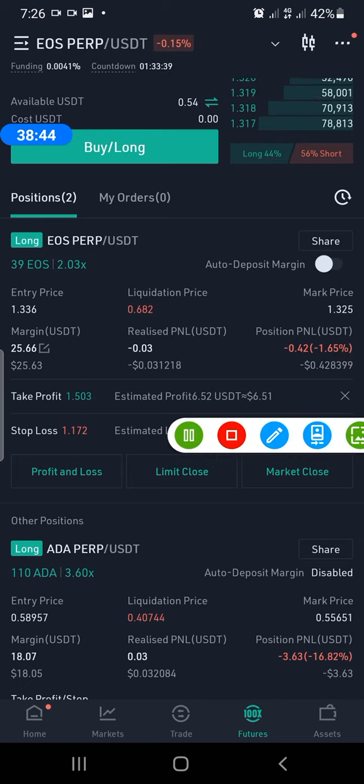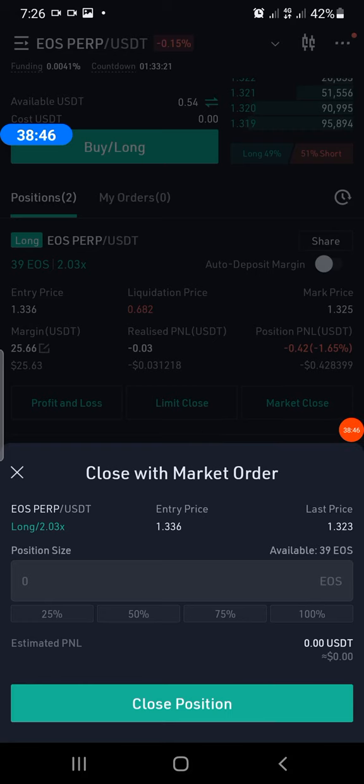Sorry, I have to pause. So if you want to take a partial profit, you select market close. Input, for example, I entered this market with 100% of my available trading capital, and maybe I made a little profit, or maybe I'm in need of another capital to use and trade.